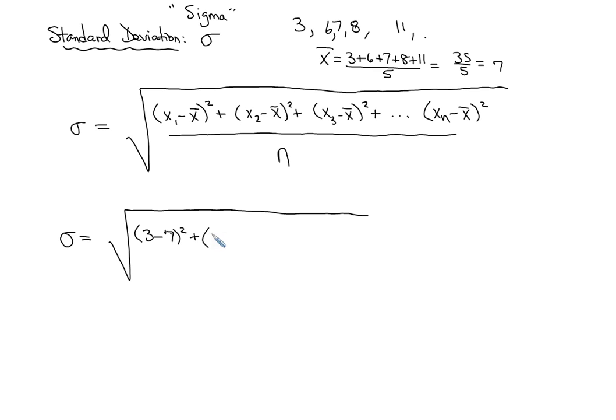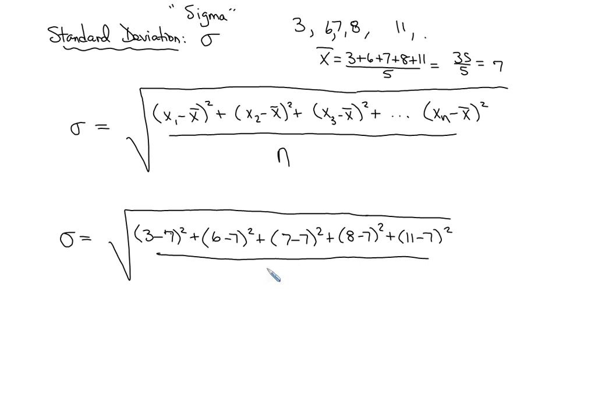Plus, what was our next piece of data? 6 minus 7 squared, plus 7 minus 7 squared, plus 8 minus 7 squared, plus 11 minus 7 squared. The whole thing is divided by the number of pieces of data, which is 5. This will give us our standard deviation.